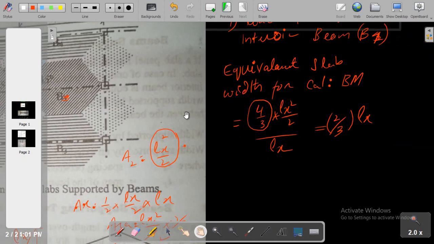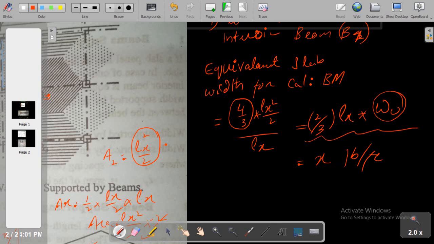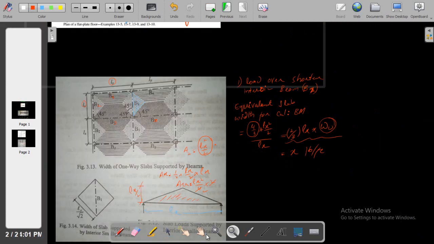And this equivalent width, 2 by 3 of Lx, will be multiplied with the unit calculated load WU, right? So we obtain from this, let's say, X pound per feet loading or kilonewton per meter loading, right? So this is the way. We will do an example of this kind of calculation, but you must remember how we get this equivalent width. So this is the first case.